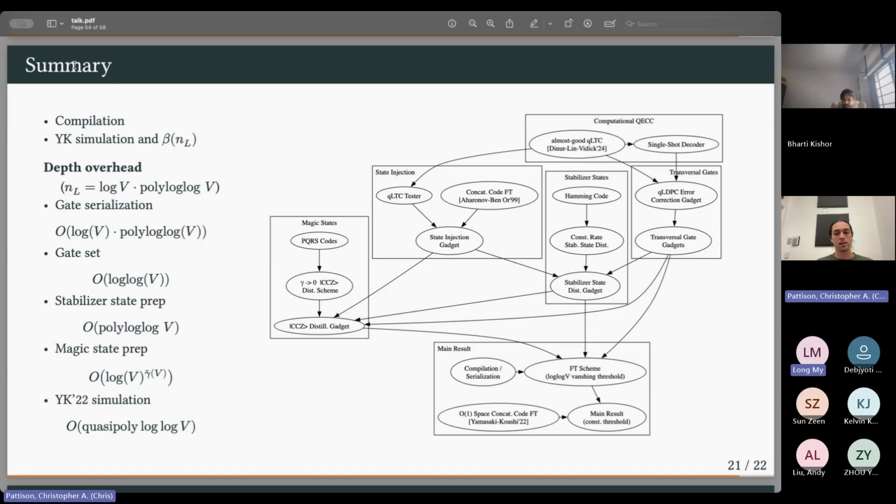So we require that our error rate p is like 1 over log of the number of gates. That's not good enough for a threshold theorem. So then we do this small simulation with Yamasaki and Koashi, some small amount of concatenation, in order to boost our threshold up to its constant value. I see. Thanks.